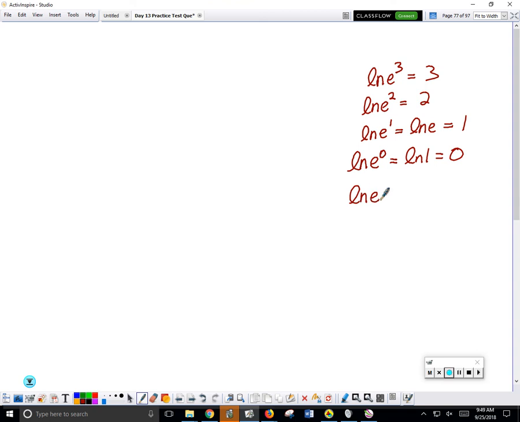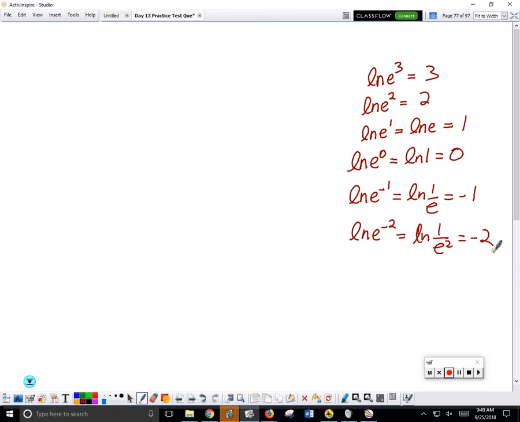Natural log of e to the negative 1, the same thing as natural log of 1 over e, that's negative 1. Natural log of e to the negative 2, same thing as natural log of 1 over e squared, negative 2. So I wrote it down in a patternistic way to make it easier to memorize.